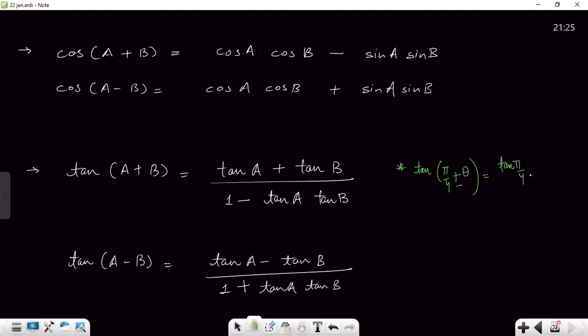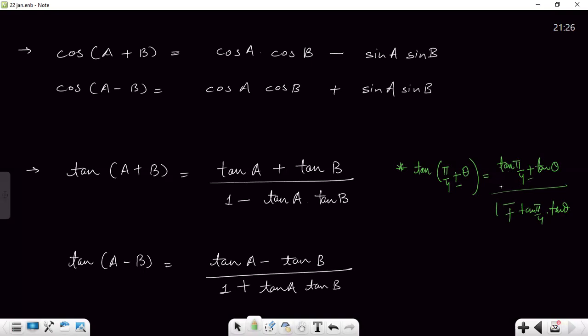Tan of pi by 4 plus minus tan theta divided by 1 minus, this time for the plus and plus for the minus, tan pi by 4 into tan theta. Do you agree?